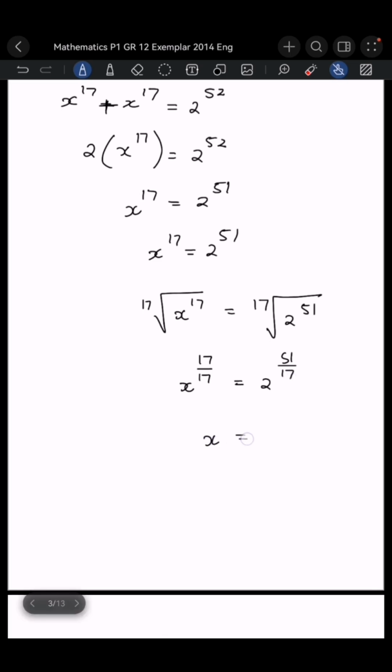We find the 17th root of x^17 is equal to the 17th root of 2^51. It becomes x^(17/17). Obviously it becomes 2^(51/17), and then here we have 51 over 17, which is 3, therefore x is equal to 8.